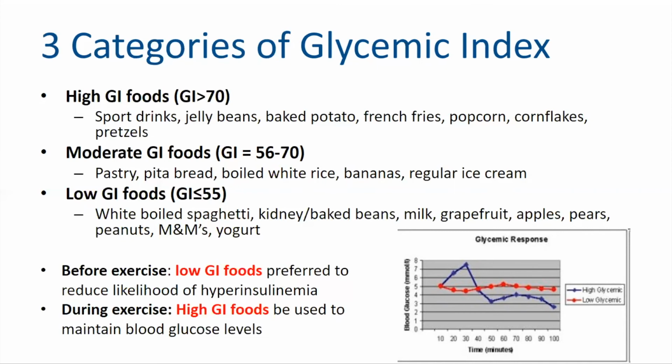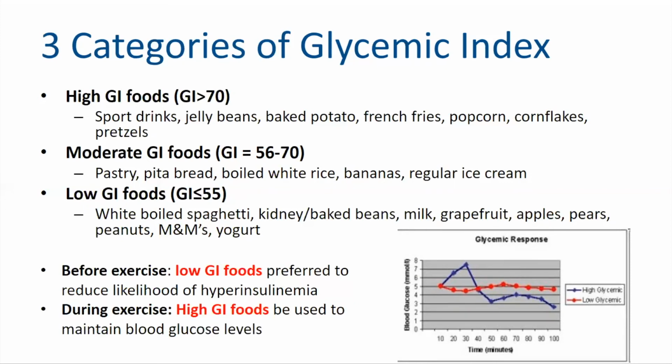Low GI foods are categorized as GIs less than or equal to 55, and this includes beans, milk, M&Ms, presumably with nuts or peanuts, because if you consume foods of a high GI nature with foods of a low GI nature, the collective response would be a reduced GI.